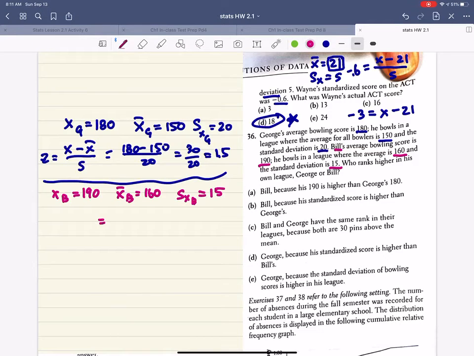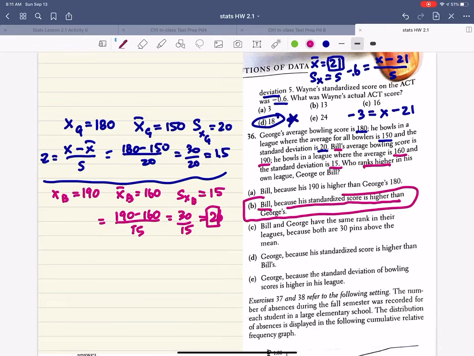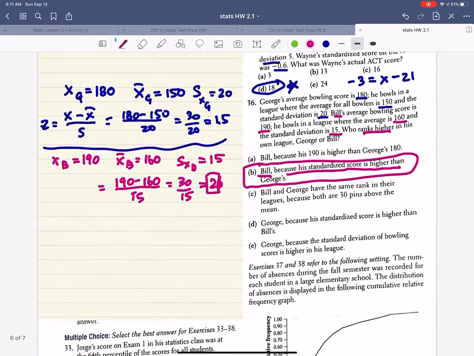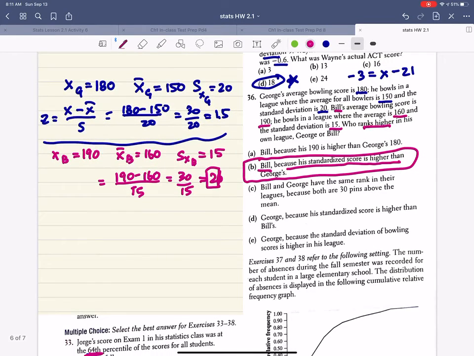So using the same formula, right, we get 30 over 15, which is 2. So Bill's actually 2 standard deviations above the mean. So Bill should be ranked higher in his league because he's actually more successful in his league. 2 standard deviations versus 1.5 standard deviations.